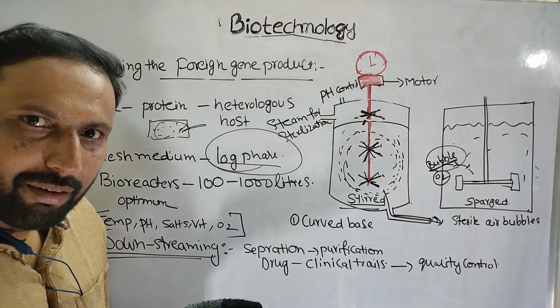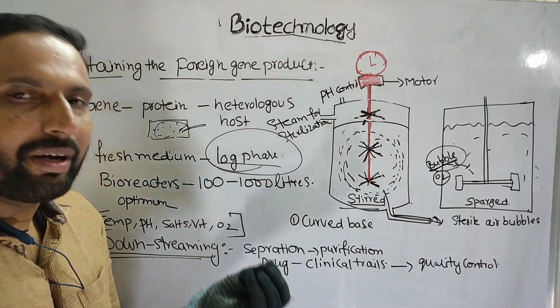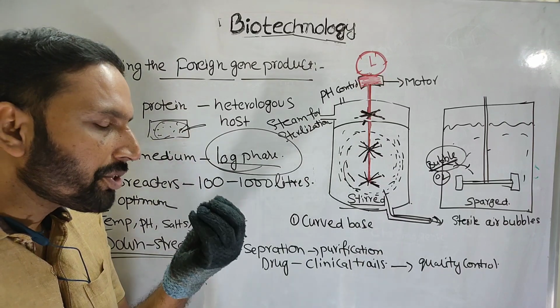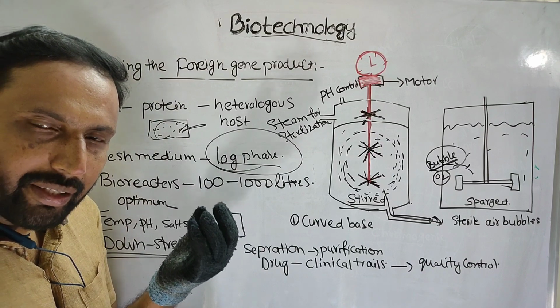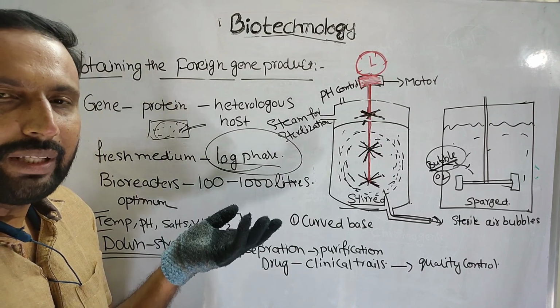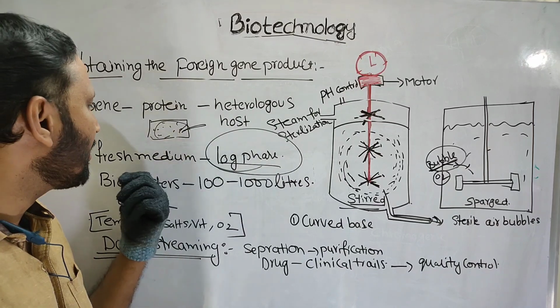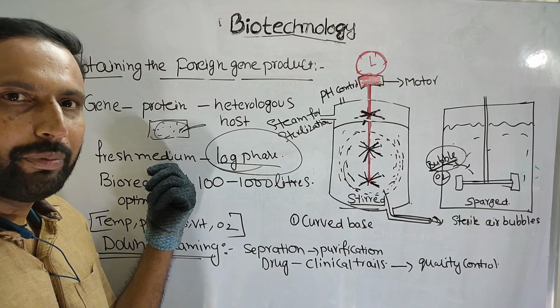What is the main aim of recombinant DNA technology? Extraction of recombinant protein or production of insulin hormone. Now we are extracting insulin hormone through recombinant DNA technology only. That is why all the bacterial cells are transferred to fresh medium. Why do we transfer to fresh medium?